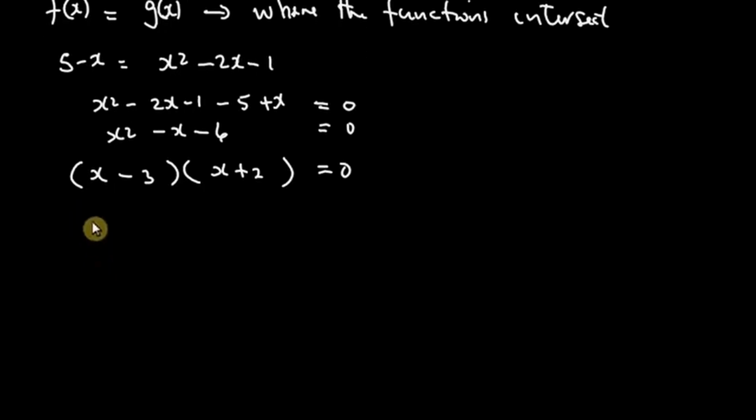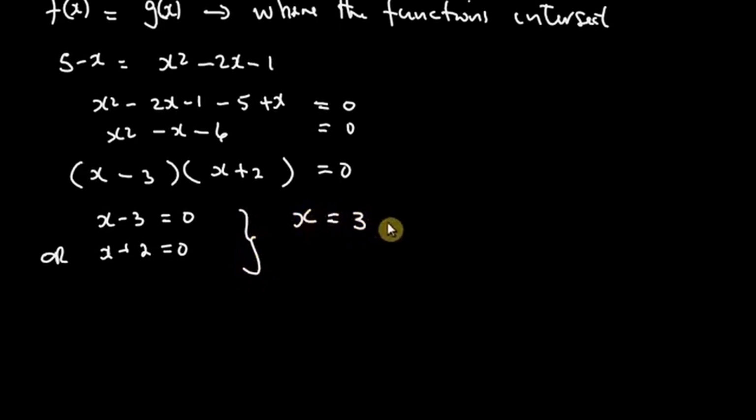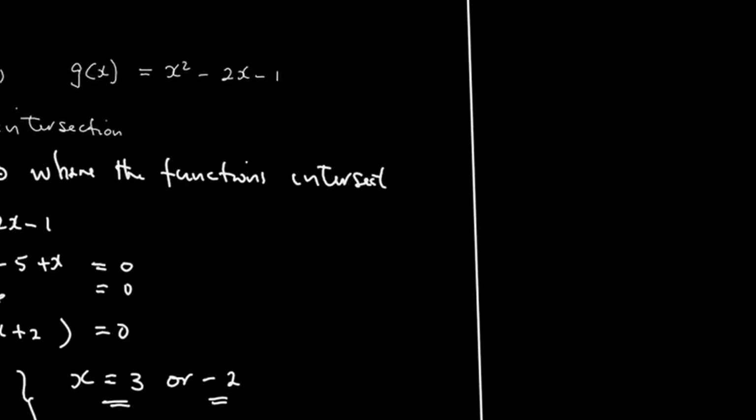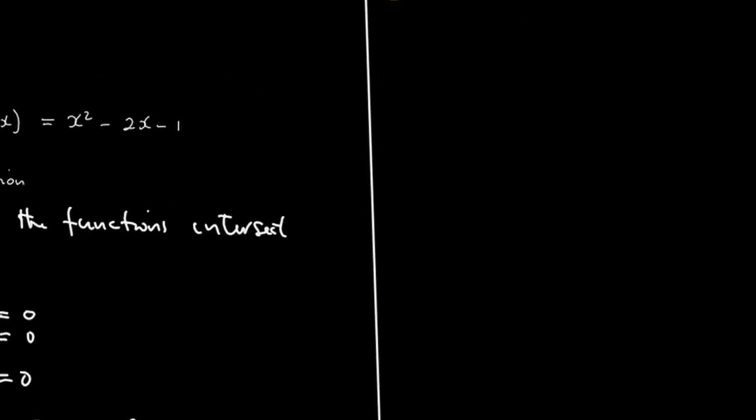So we can say that either x minus 3 is equal to 0 or x plus 2 is equal to 0, in which event x is equal to 3 or negative 2. So now that we have our two values of x, we can determine the values of y. So using any one of the equations, let's choose the simpler one.